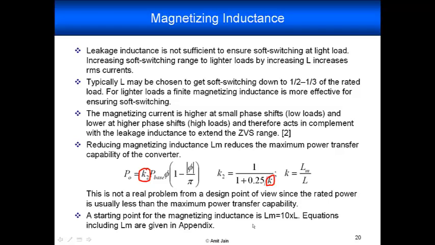A factor of 10 between the magnetizing and leakage inductance is a good starting point for design, and again the best thing to do is optimize the design numerically, either by simulating the circuit or by computing the different loss components.